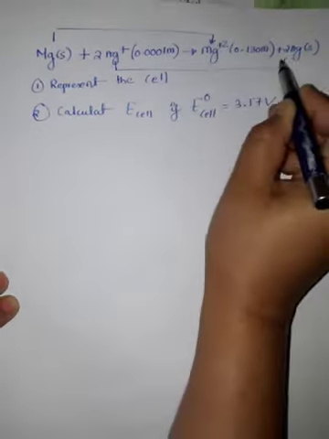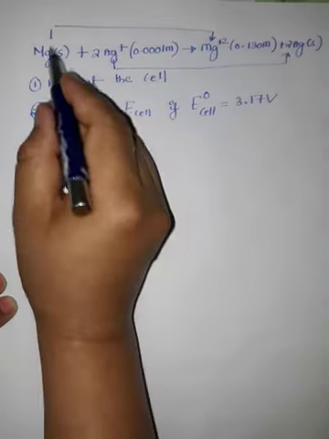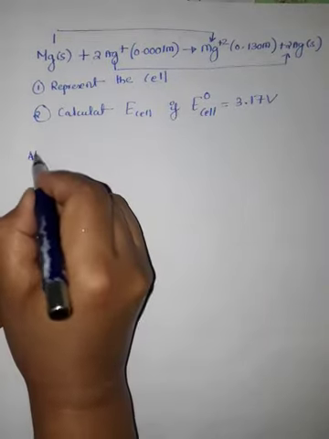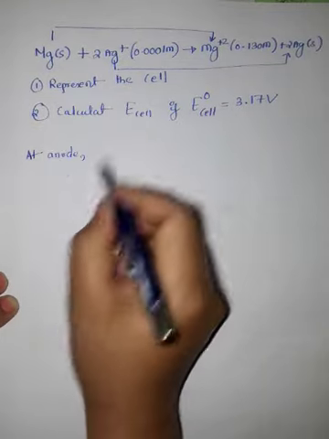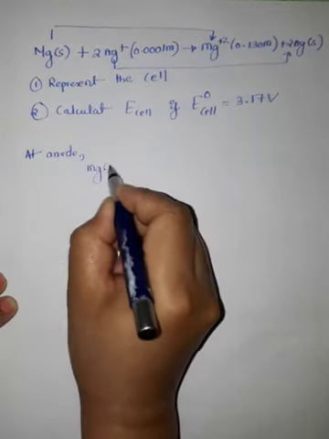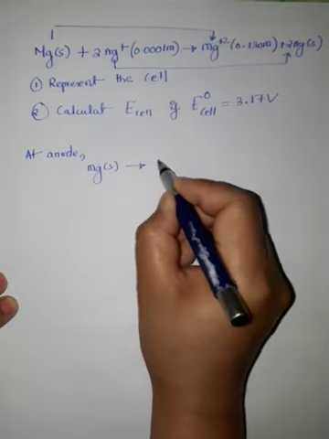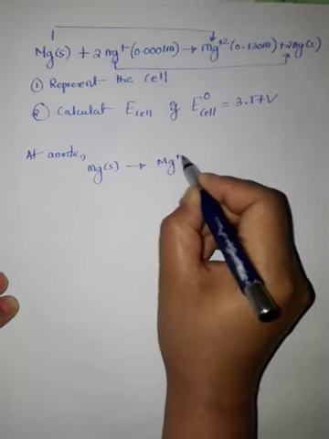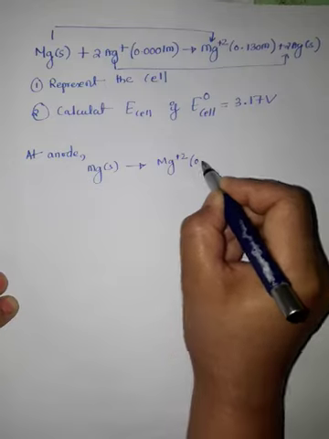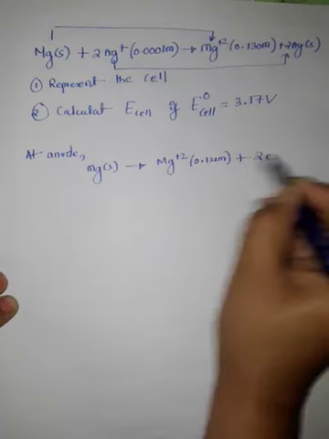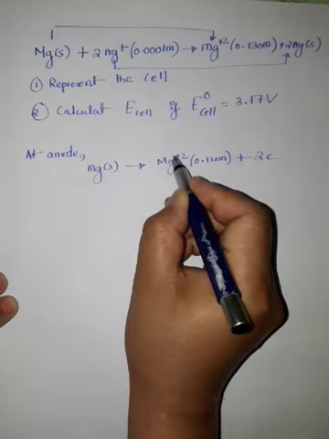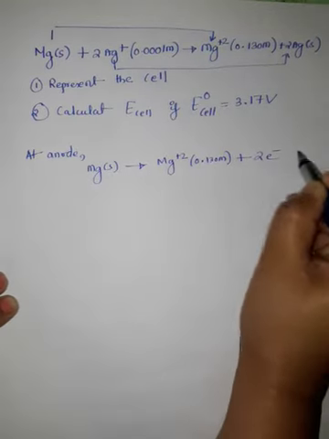At the anode, oxidation always takes place, and at the cathode, reduction. So this is your anode: the metal is getting oxidized, so Mg plus 2, concentration is 0.130 molar, plus two electrons, because it gets plus 2 charge when it loses 2 electrons.